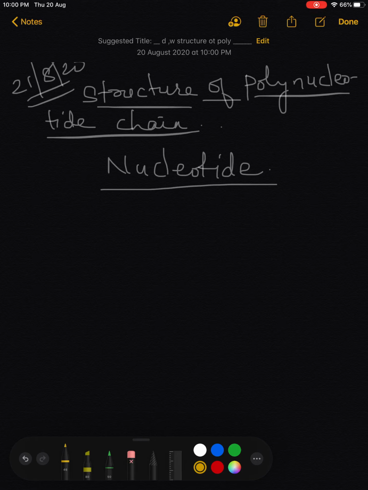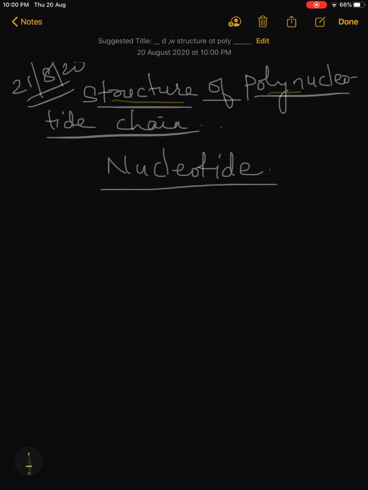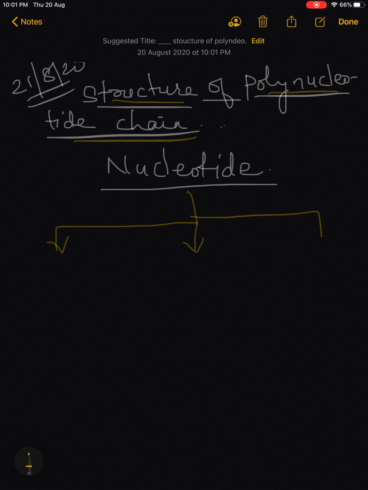The next topic is the structure of polynucleotide chain. Now we will be discussing the structure of polynucleotide chain. So let me tell you, children, a nucleotide is made up of three components.